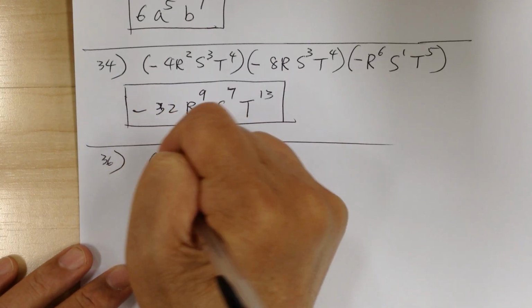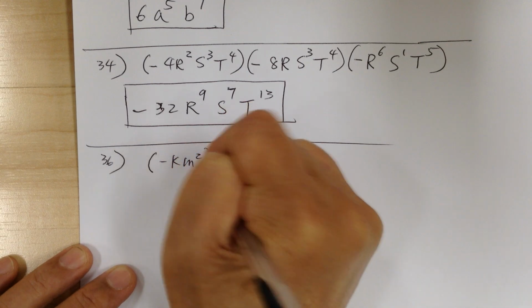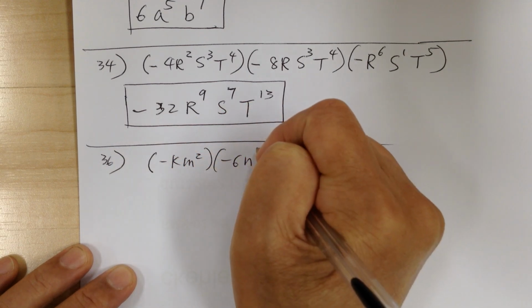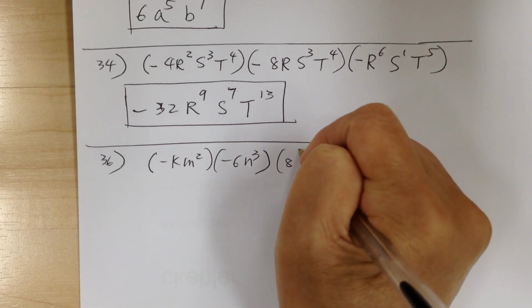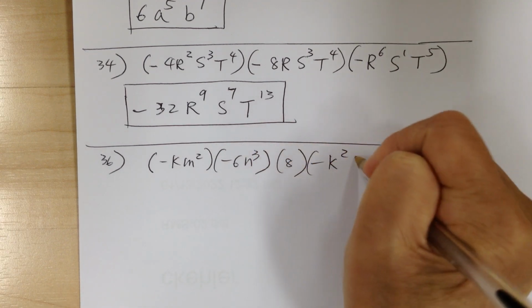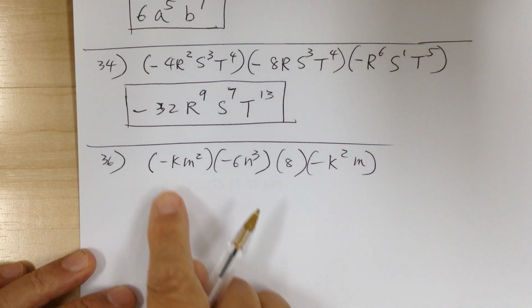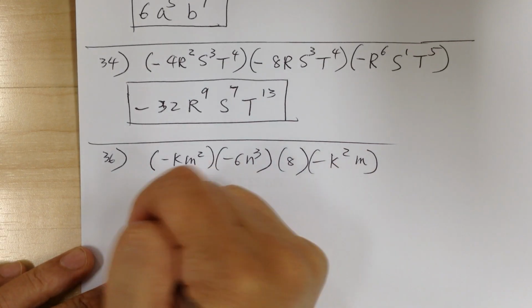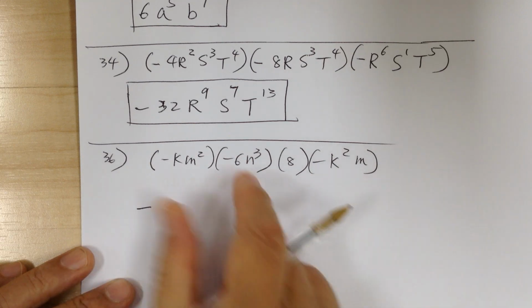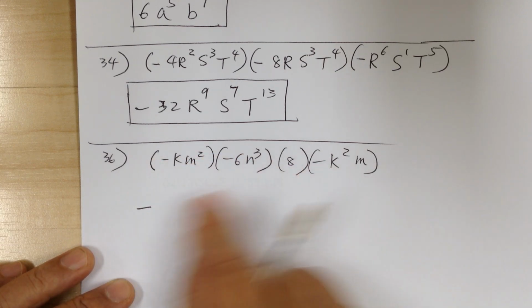Okay, number 36, you got negative km squared, negative 6n to the 3 times 8 times negative k squared m. Okay, so you got 1, 2, 3. So you got an odd number of negatives, so you're going to end up with negative. You can take care of the sign, right? These 2 will make it positive, and you got 1 left over.